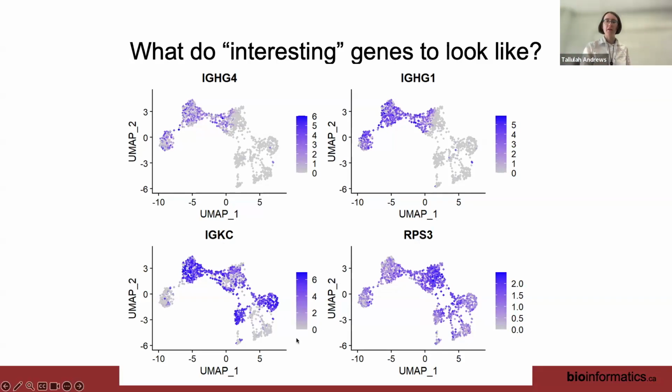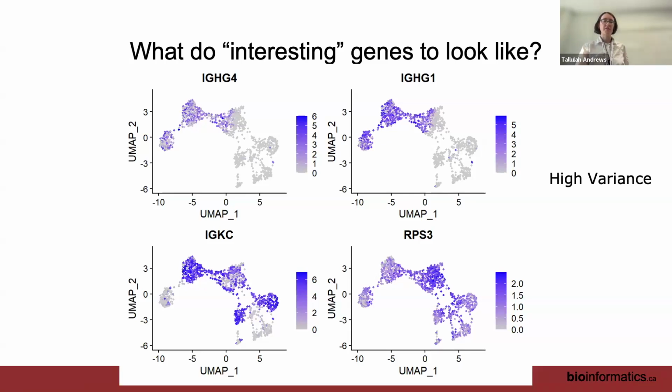Then we have a housekeeping gene, RPS3, that's universally expressed everywhere. It's just a ribosomal protein. Looking at these plots, where each dot is a cell colored by the expression of those genes, you can see the interesting genes that define our cell types look quite different from our housekeeping gene.